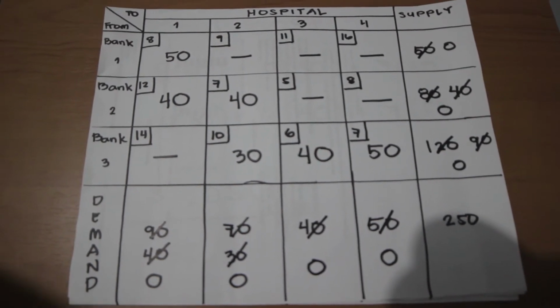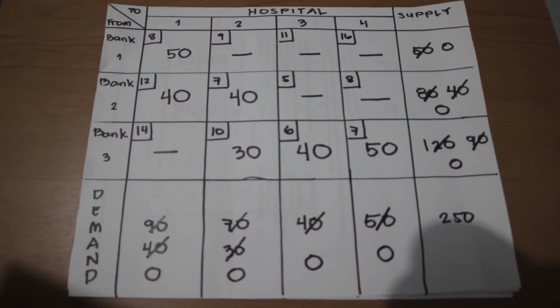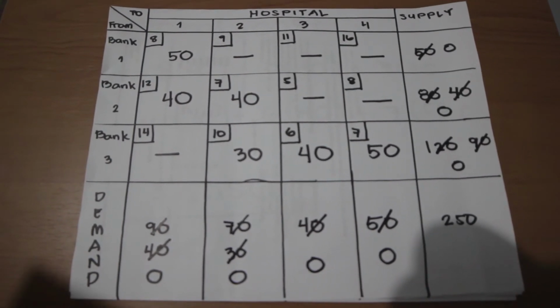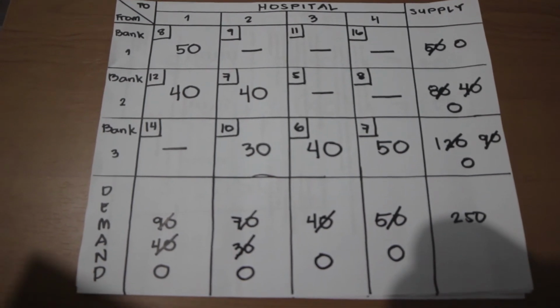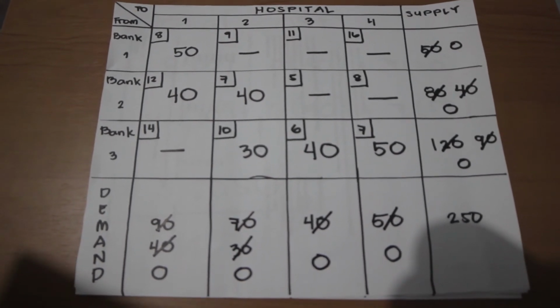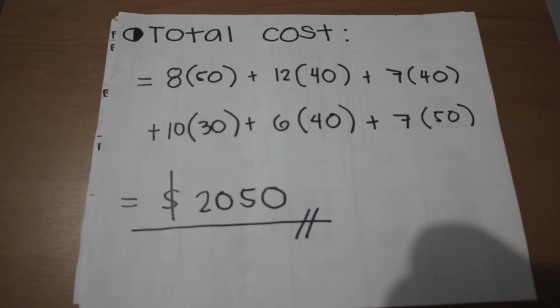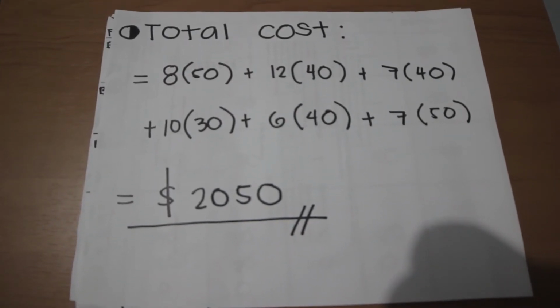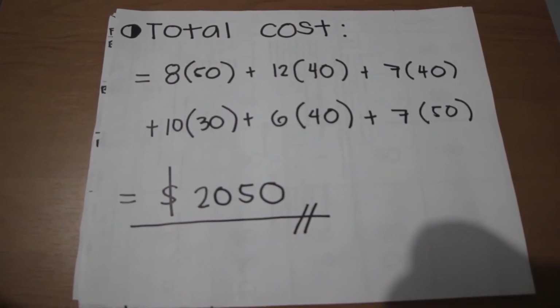If the supply or demand is met, cross out the column or row. Then repeat until the supply and demand are met. This is the initial solution. Solve for the total cost: the summation of the product of units shipped and unit cost.